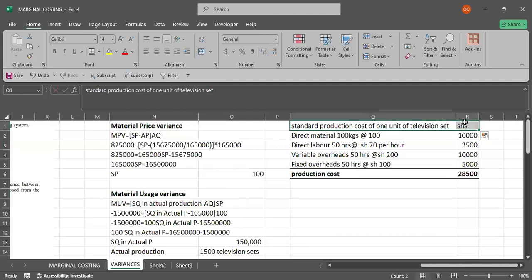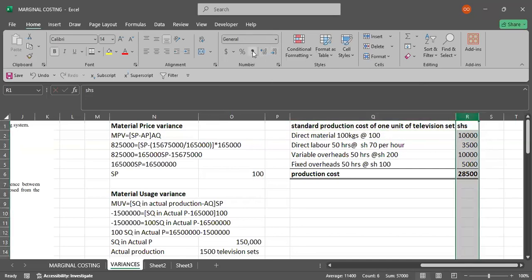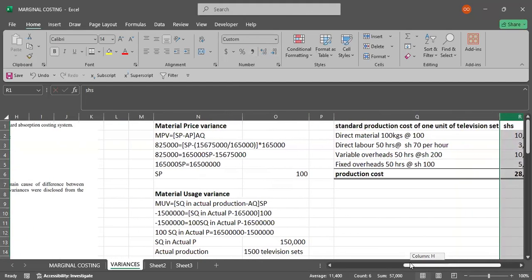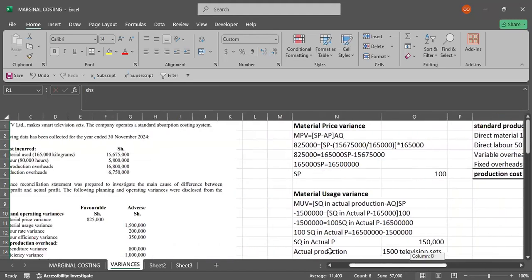But now the examiner divided this into 4. You are required to give us the standard material cost, the standard labor cost, the standard variable overheads cost, and the standard fixed overheads cost.